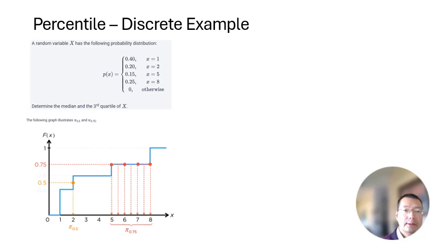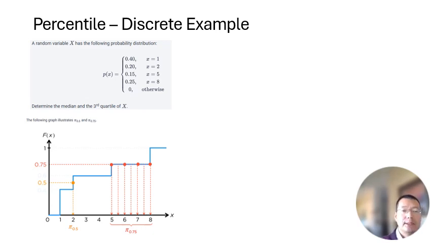So it means the probability for x equal 1 is 0.4, and probability of x equal 2 is 0.2. Probability of x equal 5 is 0.15. Then probability of x equal 8 is 0.25. Otherwise it's 0 probability.